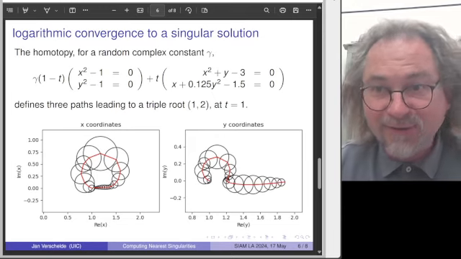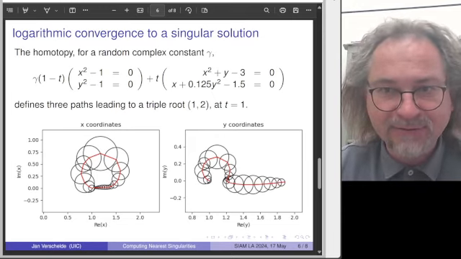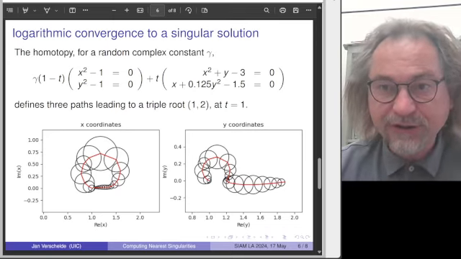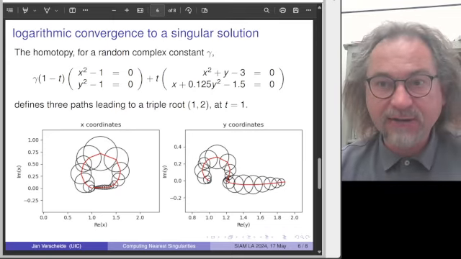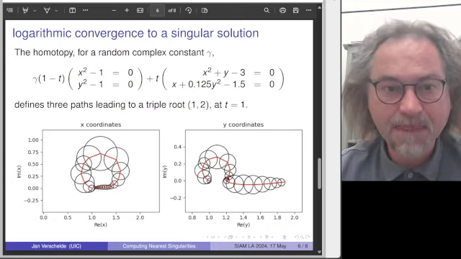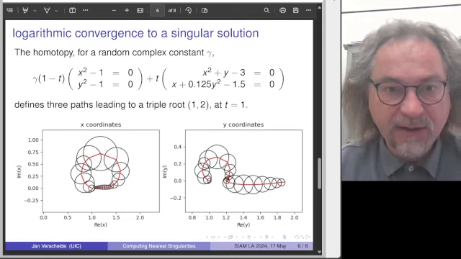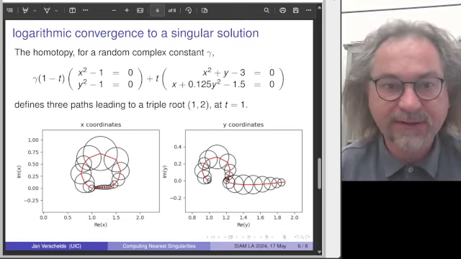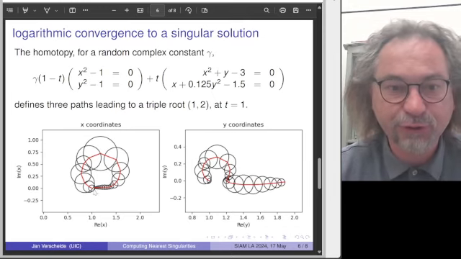The session is on randomized methods, so there is this random complex constant gamma. This ensures that the singularities only appear at the very end, so we have no singularities in between. What you see on the plots here, the red is the trajectory of the solution curve.